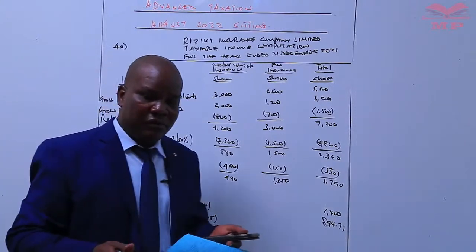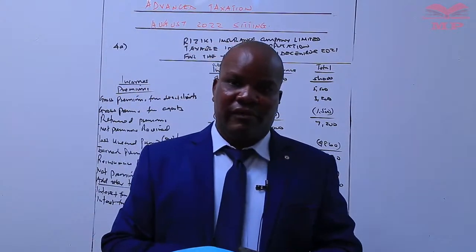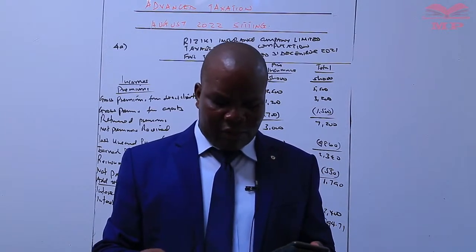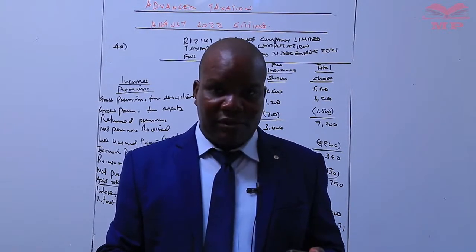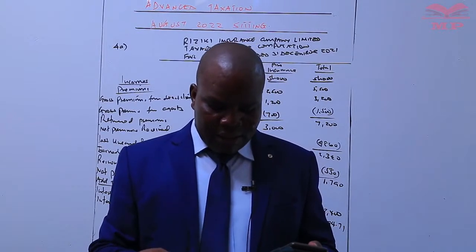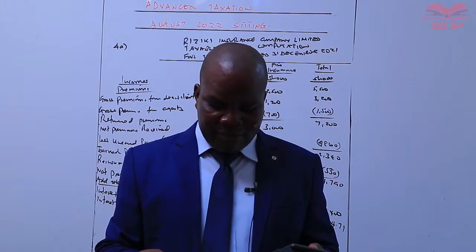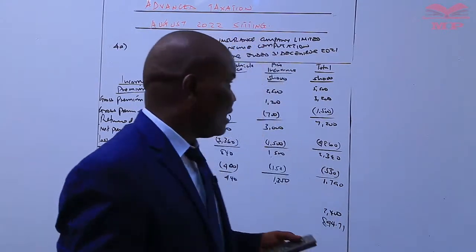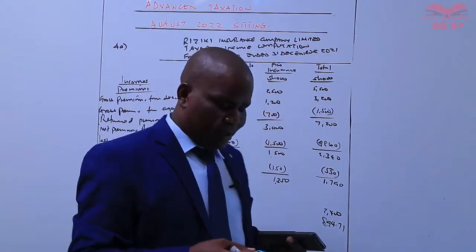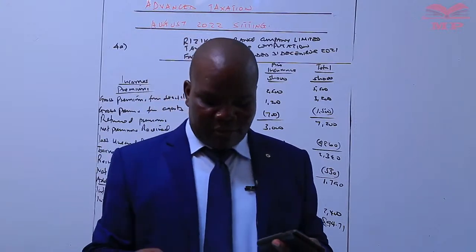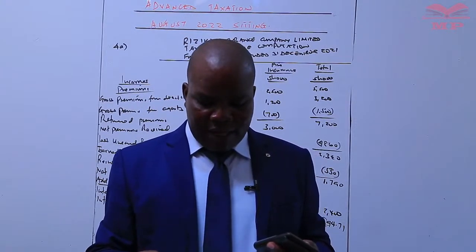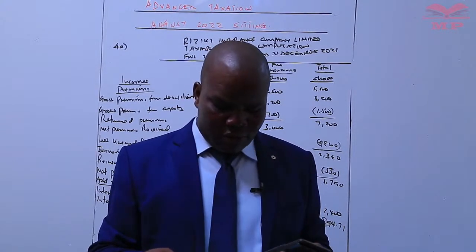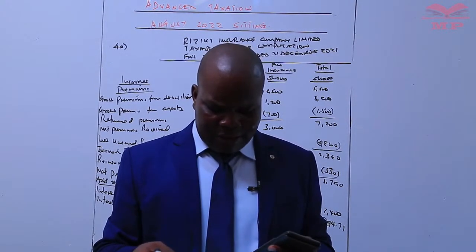Now in exams, if you don't make use of any item provided in the question, please explain why under your notes and assumptions. So you can say under notes and assumptions, one, that dividends from a Ugandan company are exempt dividends, hence not taxable on Riziki Insurance Company.